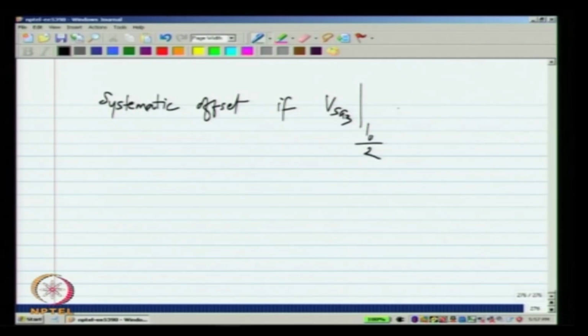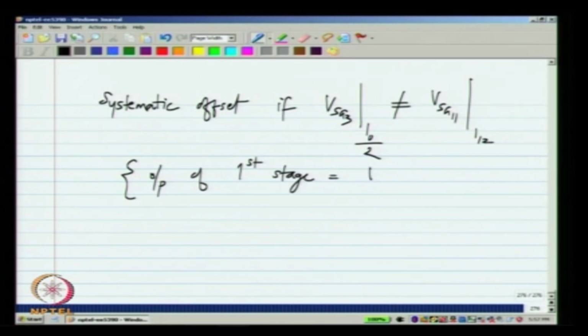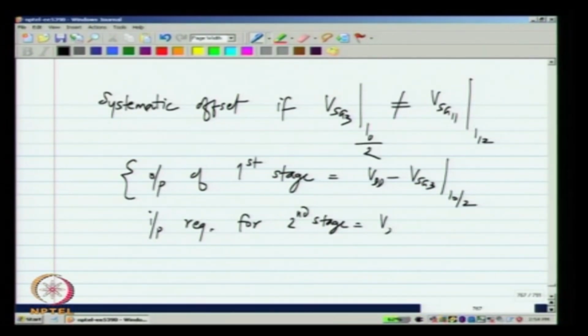VSG3 for a current of I0 by 2 is not equal to VSG11 for a current of I12. This is because the output of the first stage is VDD minus VSG3 for a current I0 by 2, and the input required for the second stage is VDD minus VSG11 at a current of I12.